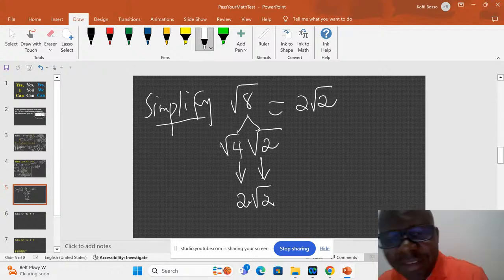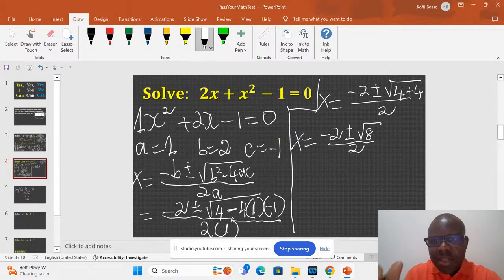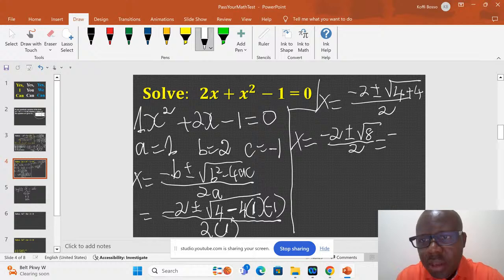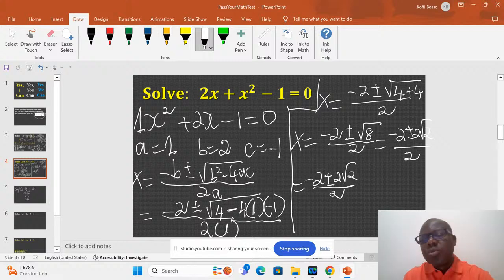Okay, now let's see what's going to happen. I go back and replace it here. So x is equal to negative 2 plus or minus 2 square root of 2, everything divided by 2. But it's not done. We need to simplify this.